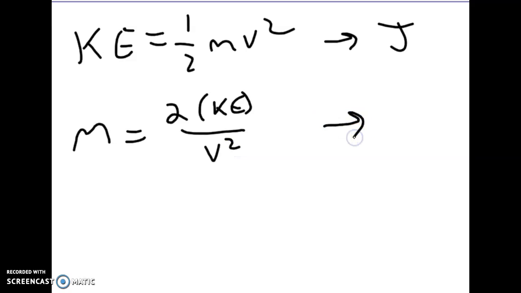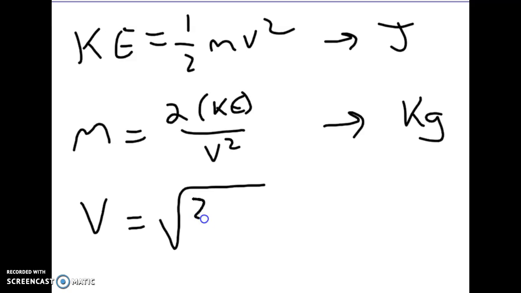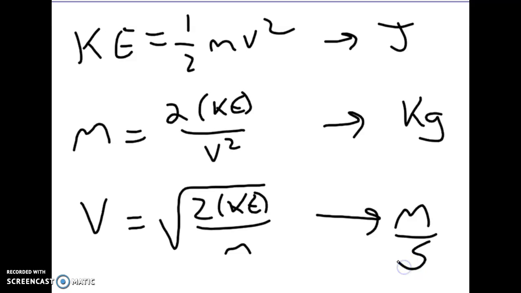It's important to remember that mass is measured in kilograms. If I want to do the velocity, that's equal to the square root of 2 times the kinetic energy over the mass. It's important to remember that velocity is measured in meters per second.